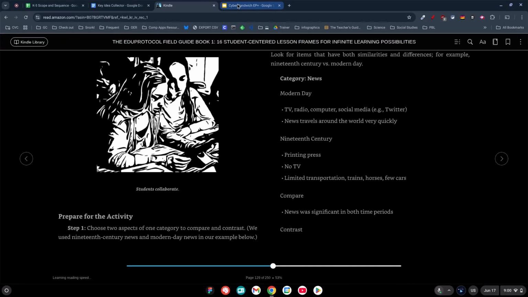Another great way to do this is through the Cyber Sandwich activity from the EduProtocols. Usually in the Cyber Sandwich activity, we're going to be comparing and contrasting things, which is also a great way to take in information and to utilize it and to be able to think about it a bit more before we go into summaries.